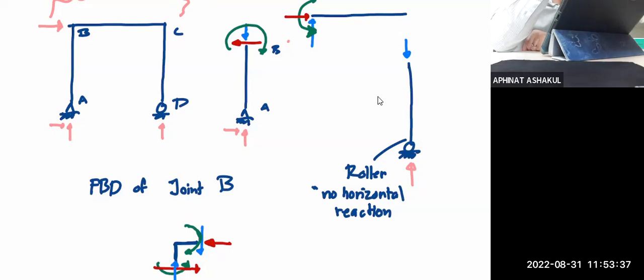Okay, and I emphasized once in the morning that in order for you to proceed and analyze the members, and when I say analyze the members, generally I mean to obtain the shear force and bending moment diagram, you would have to make sure that all the forces that you use are either parallel or perpendicular to the member.